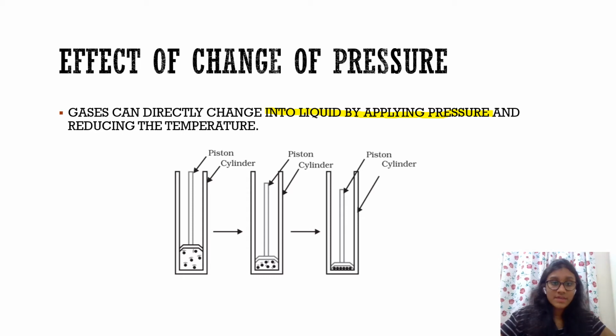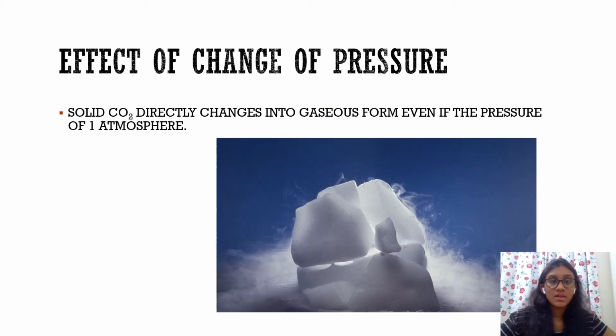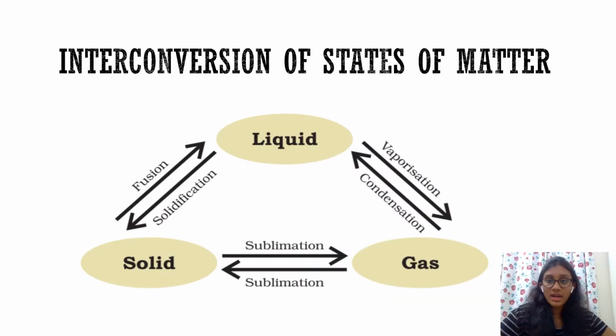The space given to this compound is reduced and you can see the particles becoming compressed and taking very little space at the end of the experiment. Solid carbon dioxide directly changes into gaseous form even if the pressure of one atmosphere changes. This is the reason why solid carbon dioxide is also called dry ice.